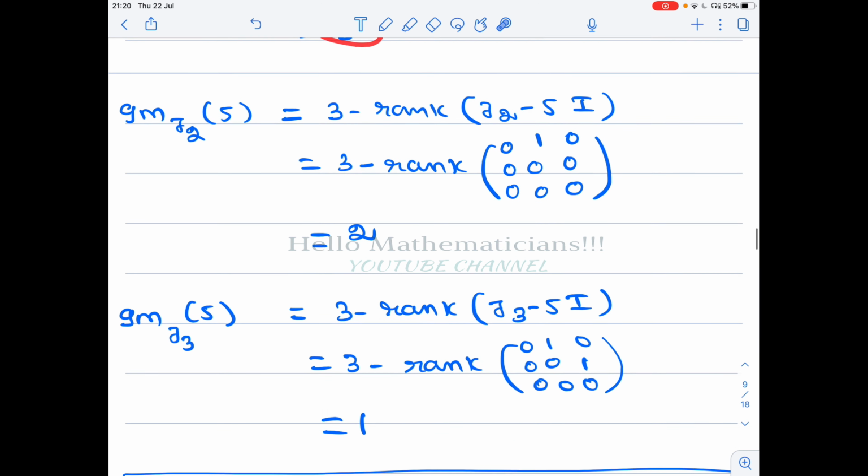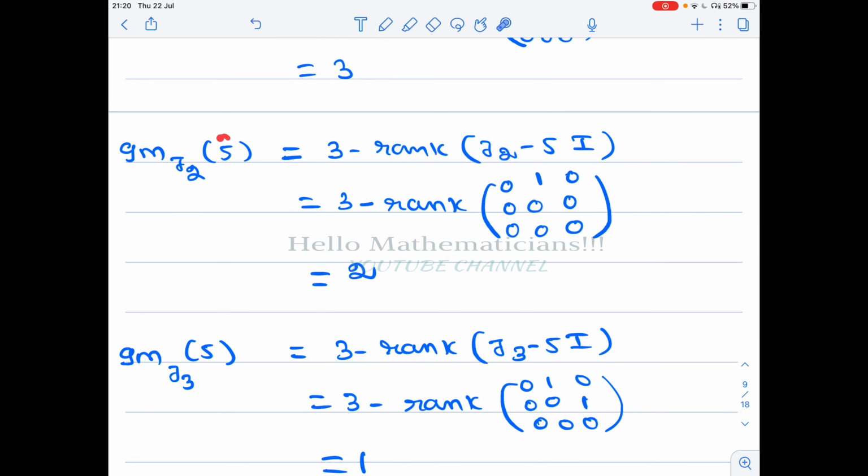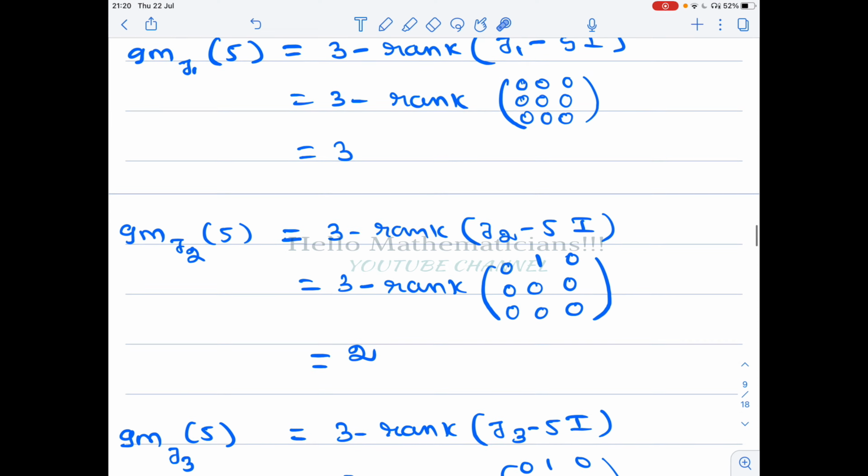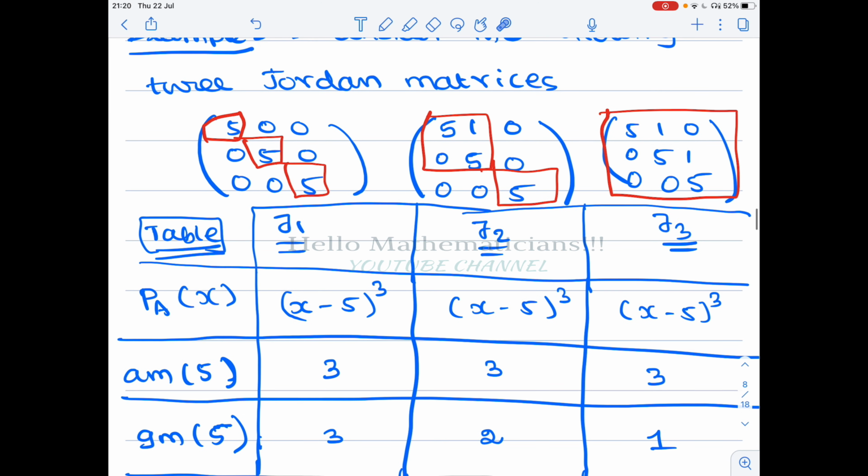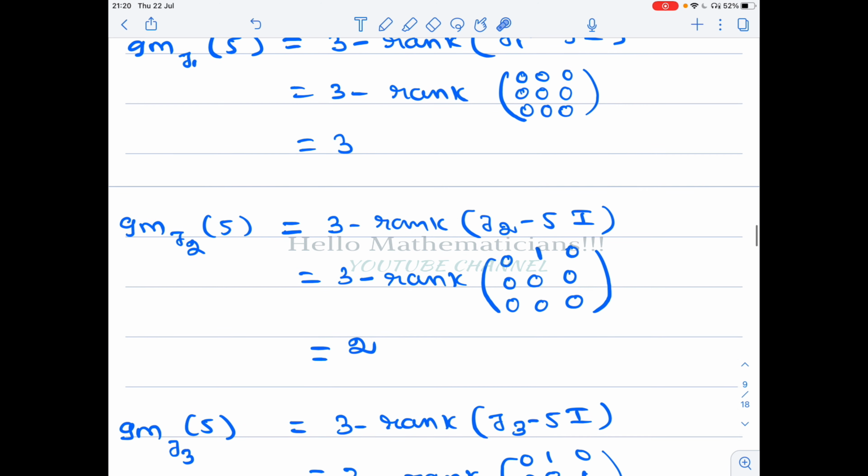Next, look at the geometric multiplicity of 5 in the matrix J2. This is 3 minus the rank of J2 minus 5I. If you subtract 5I, all the diagonal entries will be 0, and you will get only this non-zero entry: 0, 1, 0, 0, 0, 0, 0, 0, 0.